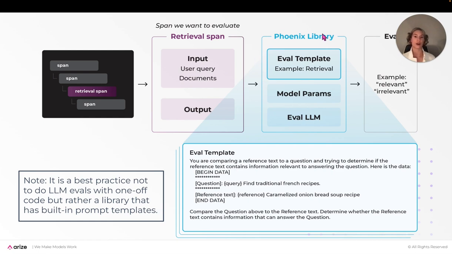We like using our open source solution Phoenix, the Phoenix library, for eval templates, for model parameters, and for evaluating our large language models. So once you have that information and you add in your evaluation metrics like relevant, irrelevant, if you want to add in metadata or user feedback, you can do so as well.